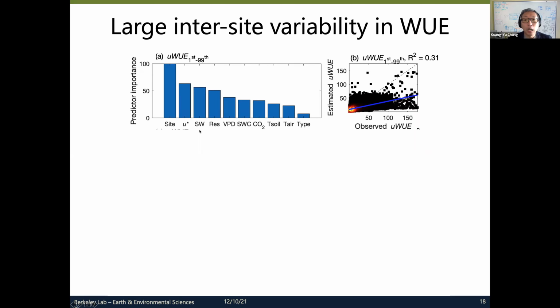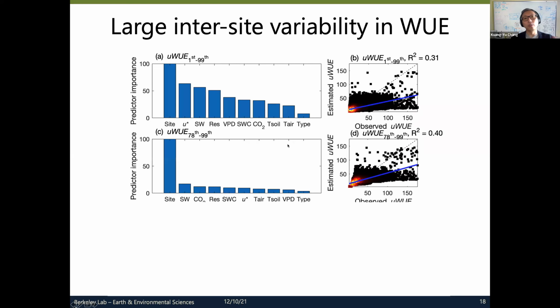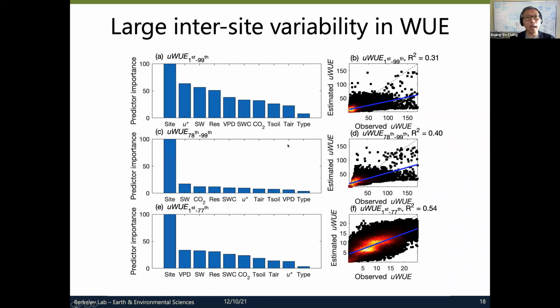And this rather large variable importance for intersite variability remains whether you only include data during or outside the MAH hours. And all these results suggest that we need to have a site-specific analysis to understand what controls MAH.